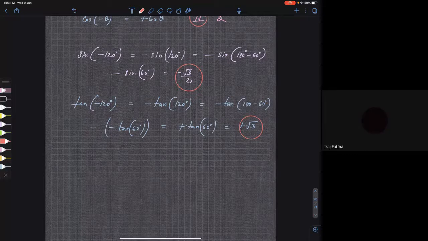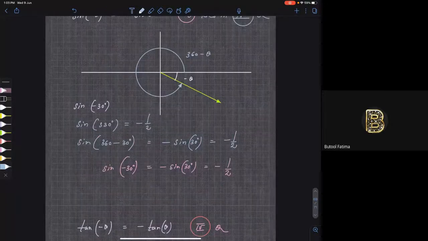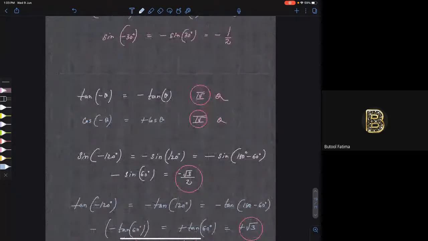So basically we are applying the formula. We are sending the minus outside and we are doing our old problem again. You are getting my point? So I have told you about sine of minus theta. I have told you about tan of minus theta.